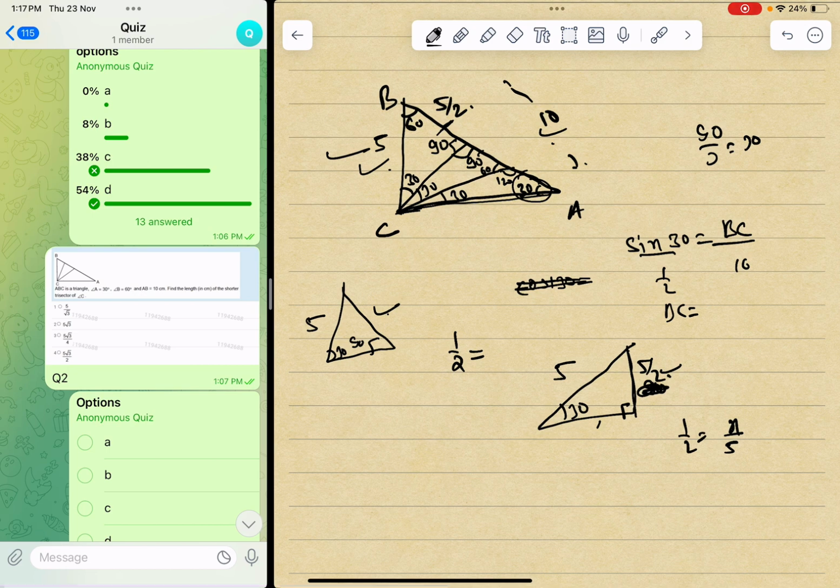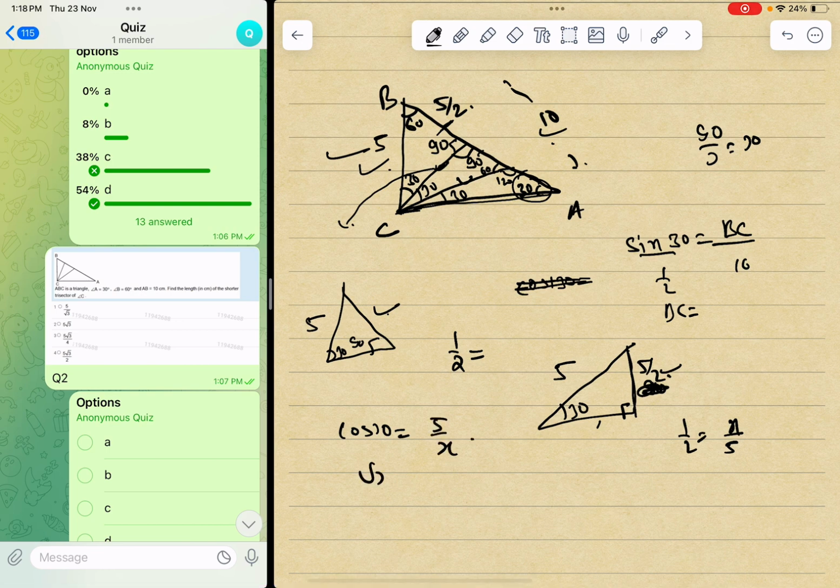Now our question is, find the length of the shorter trisector of angle C. These two are the trisectors. We'll find out this one. Better we would have gone for cos. So cos 30 equals 5 by x.